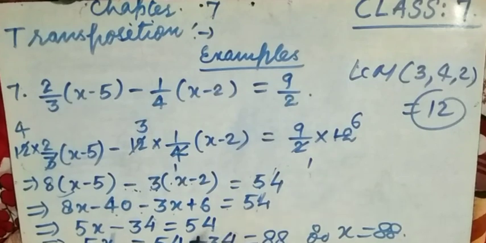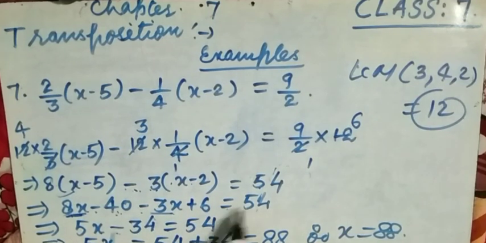Now the next line: here the x terms are 8x and minus 3x. 8 minus 3 is 5, that means 5x. Minus 40 plus 6, that is 40 minus 6 becomes 34, but 40 is the greater value having the negative sign, so we place the negative sign: minus 34.